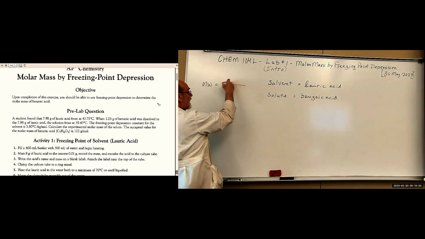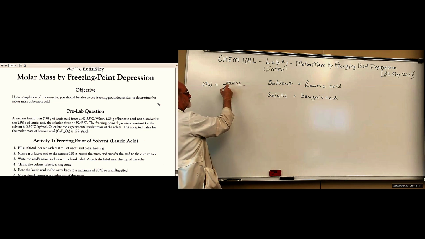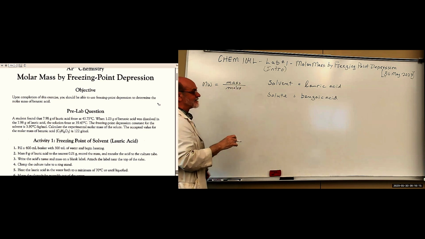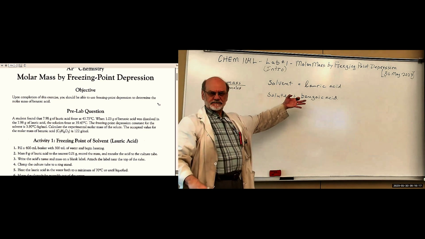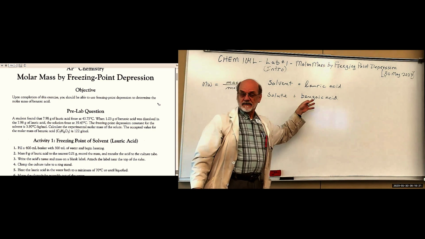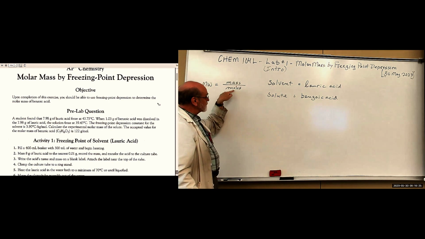We need to know a mass of the substance, and then how many moles does that represent? Okay, so mass is easy, right? We just weigh out a certain amount of benzoic acid. Then we use the colligative property to determine how many moles we have.